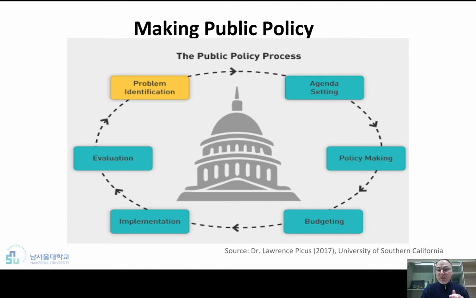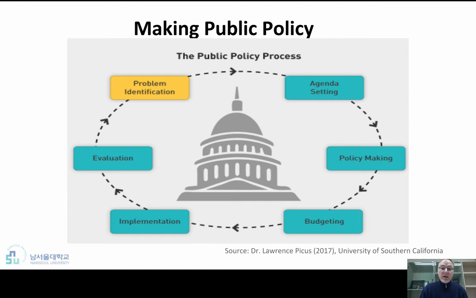Once a policy solution has been implemented, the next step, as with all educational programs, is to evaluate. In other words, what were the outcomes of this policy that was implemented? We want to know if it has fully solved the problem. And if so, great. But if not, then you're back at stage one to see what is the new problem that exists.